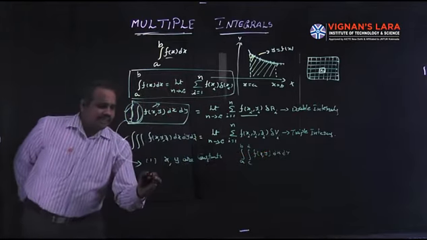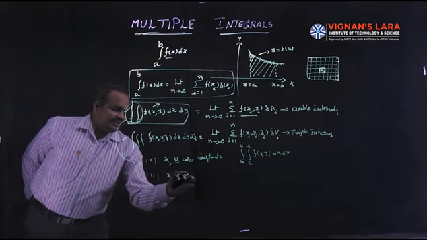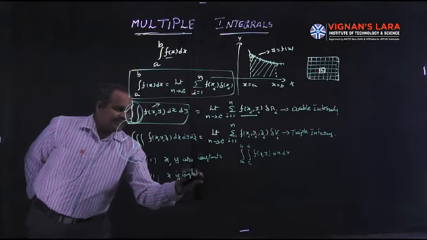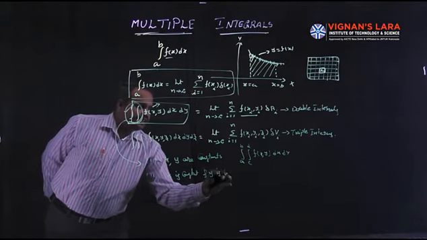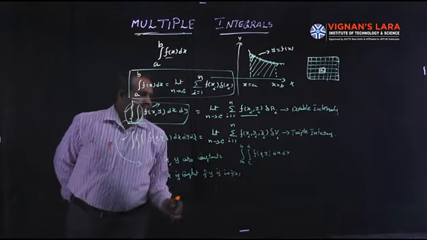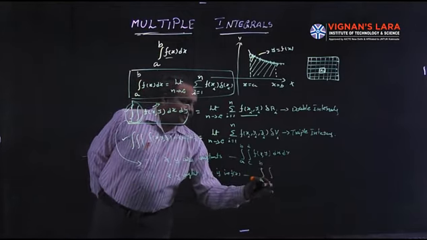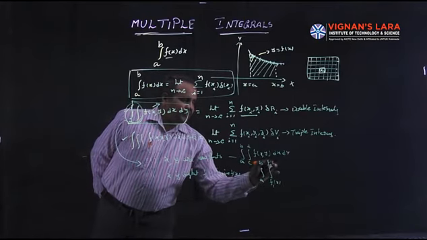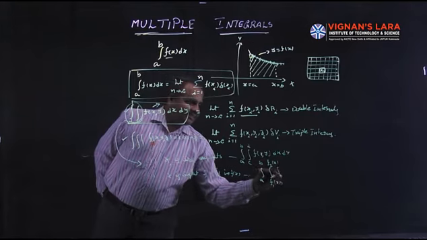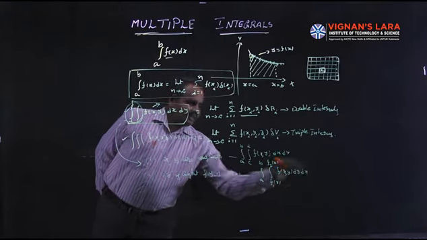Coming to the second part, if x is constant and y is in terms of f of x, then the integral is integral a to b, f1 of x to f2 of x, which are the y limits, f of x comma y, dy dx.